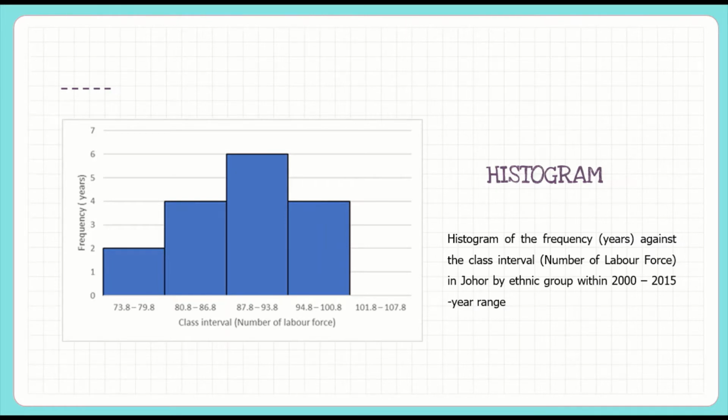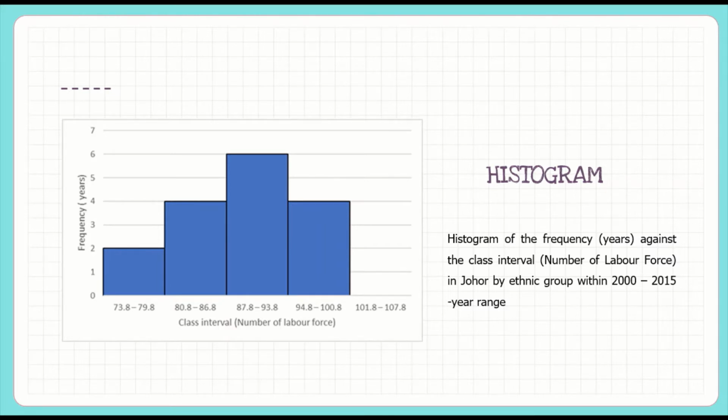So, in this slide, Graph 1 shows the histogram obtained from the retrieved data of employed persons by ethnic group in Johor within the 2000 until 2015 year range. The y-axis is the frequency, which is the year, and the x-axis is the class interval, which is the total employed persons.